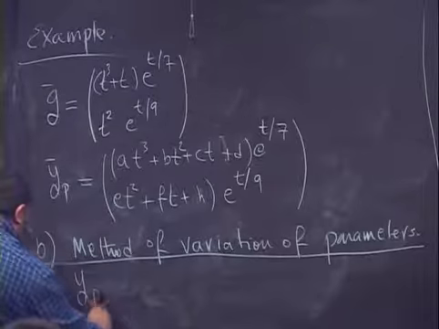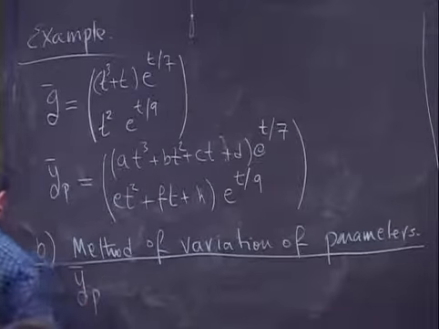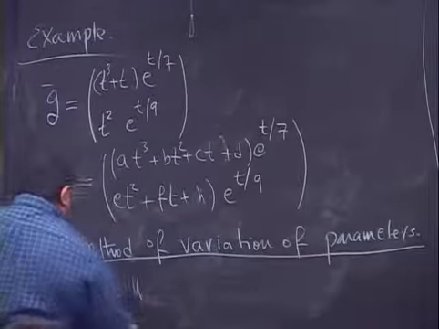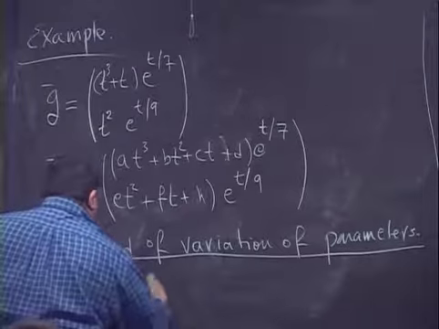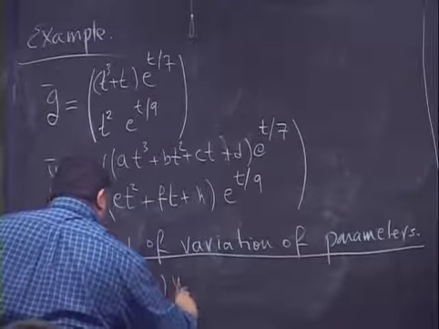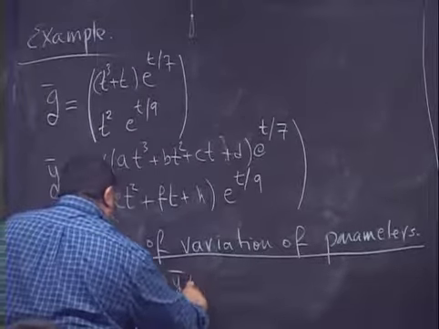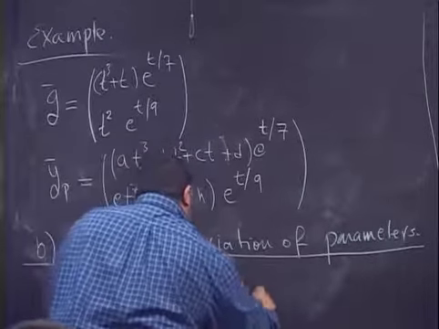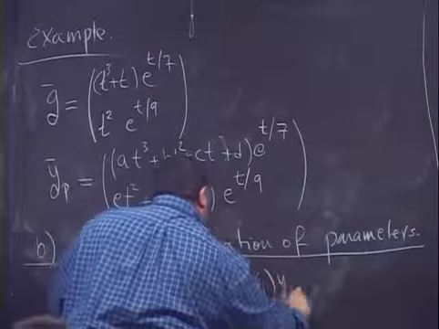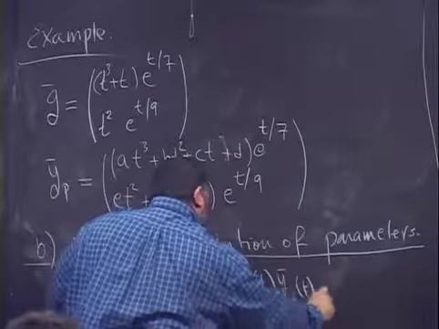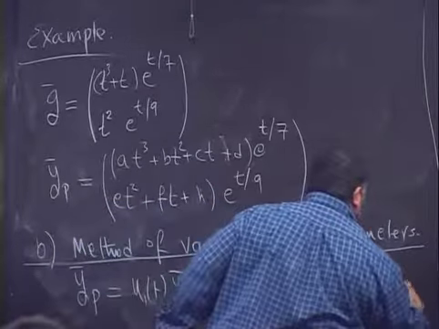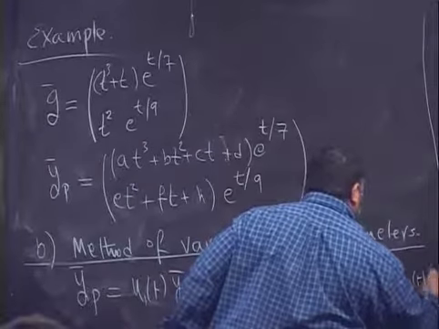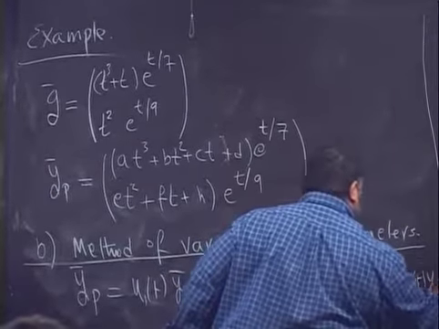So let's assume that we will seek a y_p equal to u1 of t multiplied by y1, plus u2 of t multiplied by y2, up to un of t multiplied by yn.